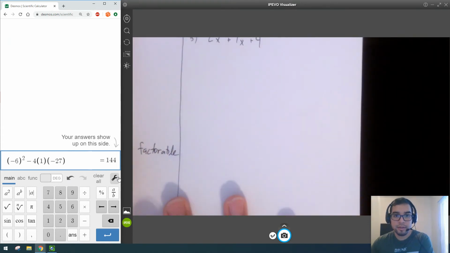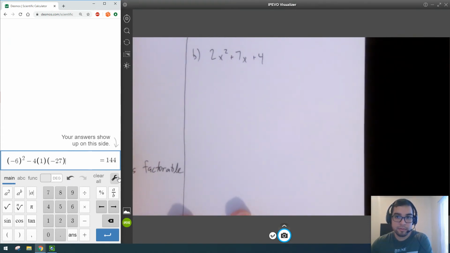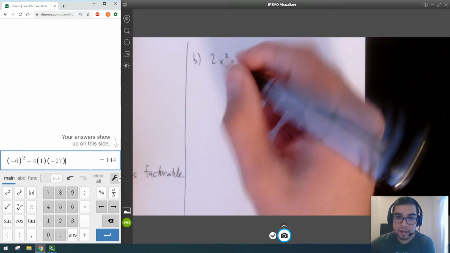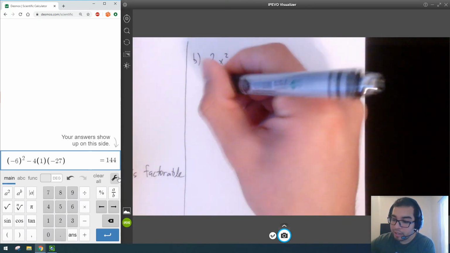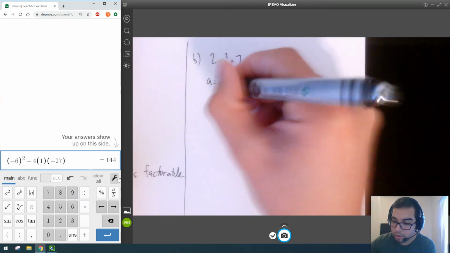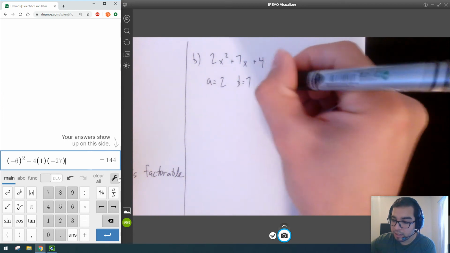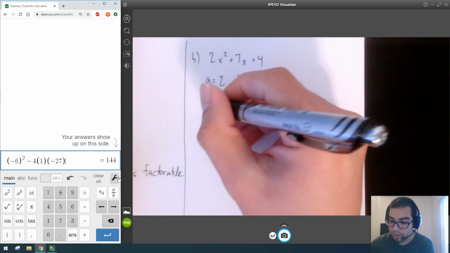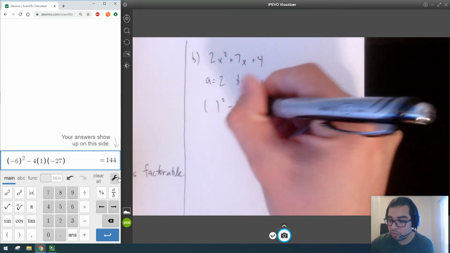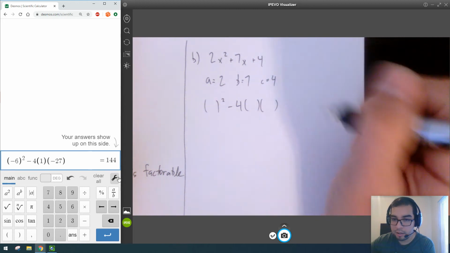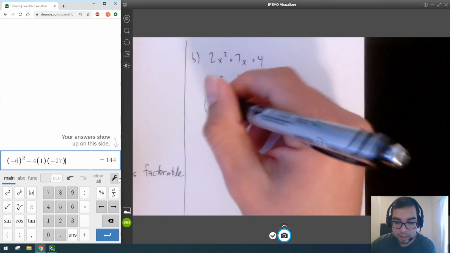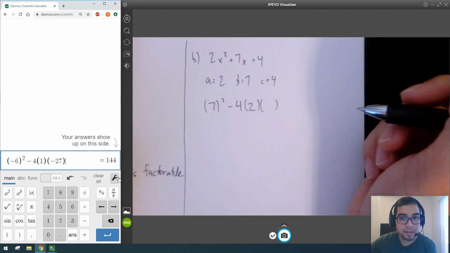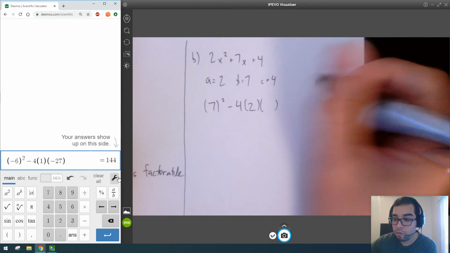In this case, a is equal to 2, b is equal to 7, and c is equal to 4. Now I'm going to use the discriminant, b squared minus 4ac. b is 7, a is 2, and c is 4.